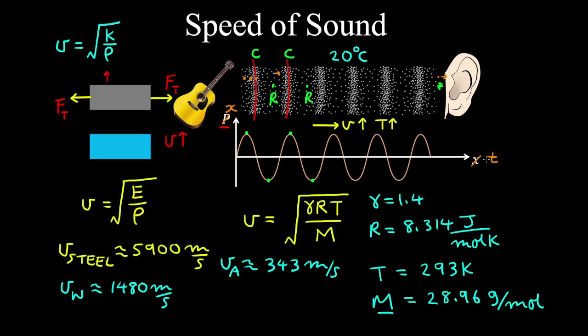Again, in this type of plot, this distance is the period of the oscillation, and in space, the distance between two compression regions is the wavelength. A higher temperature, meaning the air particles have a higher average kinetic energy, results in a higher wave speed through the medium.